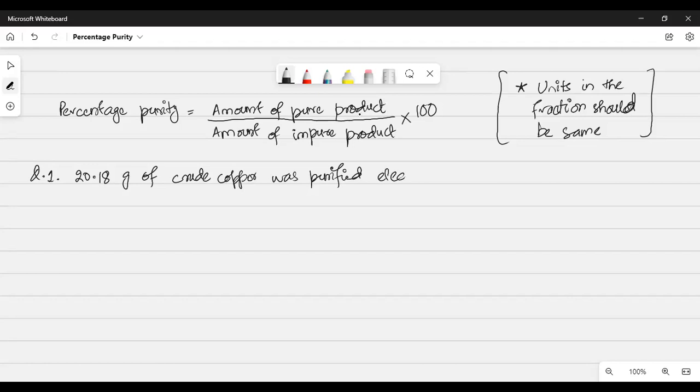So 20.18 grams of crude copper, and since I've already told you that crude means impure copper, was purified electrolytically to 98.98% purity.